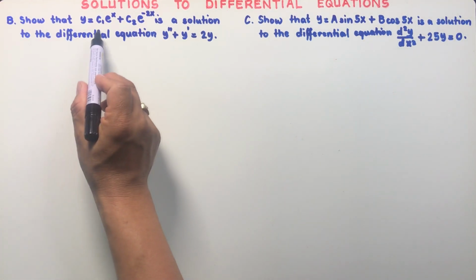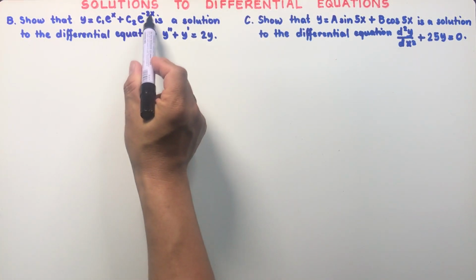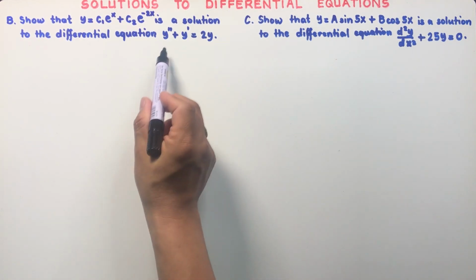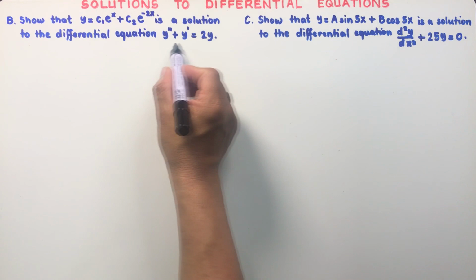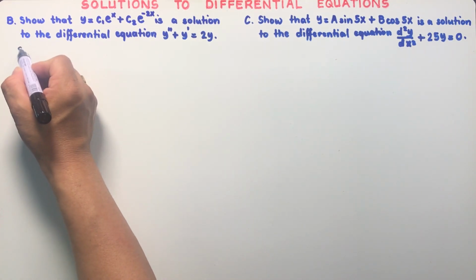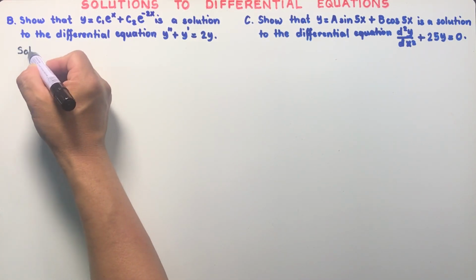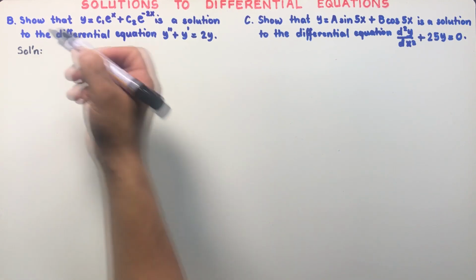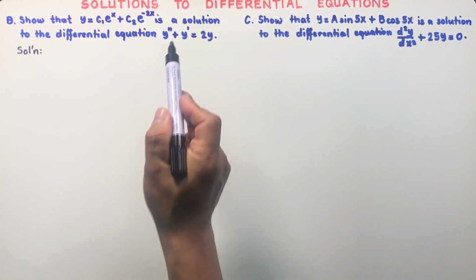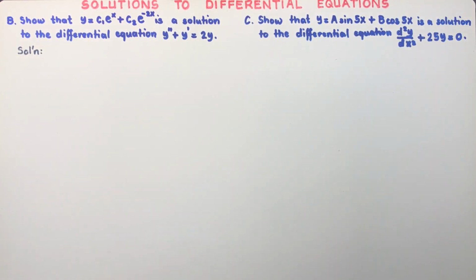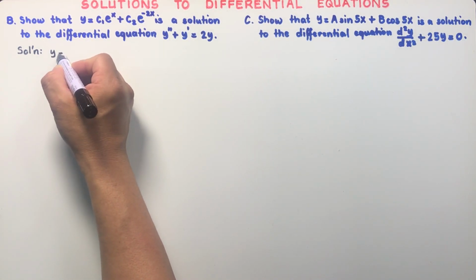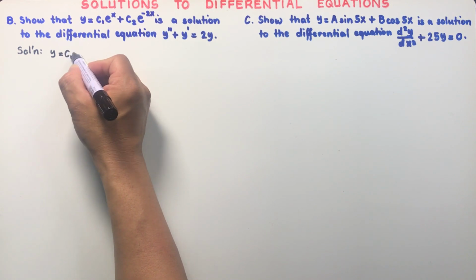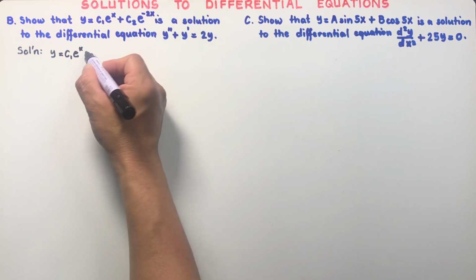So how do you show that this function y is a solution to this given differential equation? Now, looking at this differential equation, it involves y double prime, y prime, and y. So, no problem with y because y is the solution to the given differential equation.